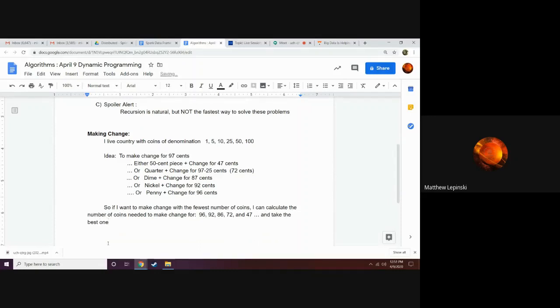Okay, so this is the structure of a problem that lends itself well to dynamic programming.